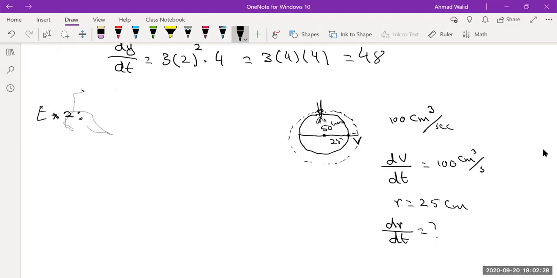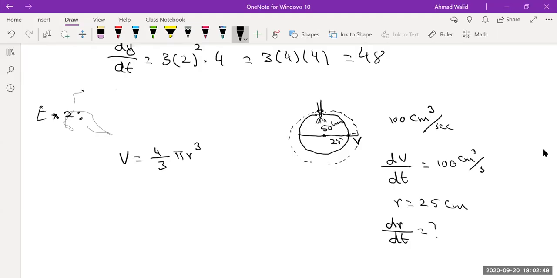What is the formula for the volume of the sphere? The formula for the volume of a sphere is V equals 4/3 pi r cubed. That's your formula for the volume of the sphere.